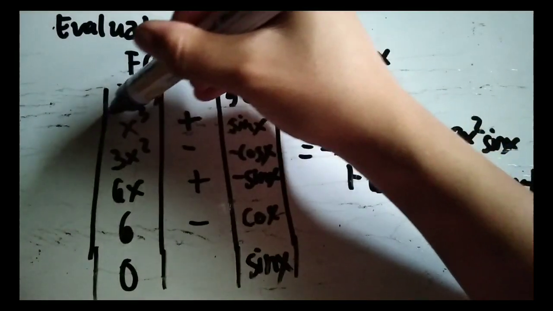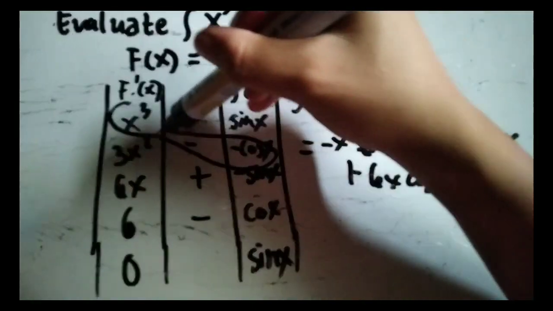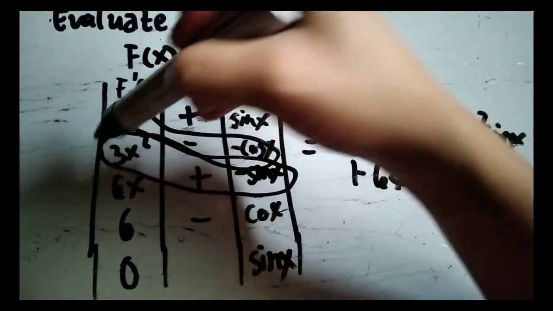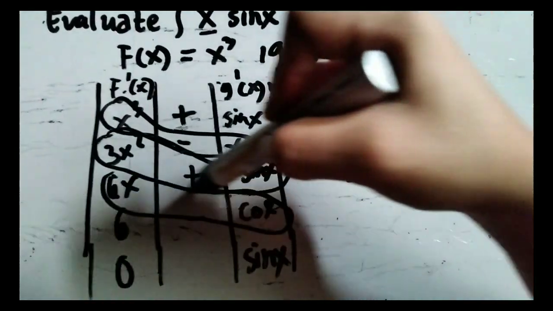We just multiply diagonally, something like that.